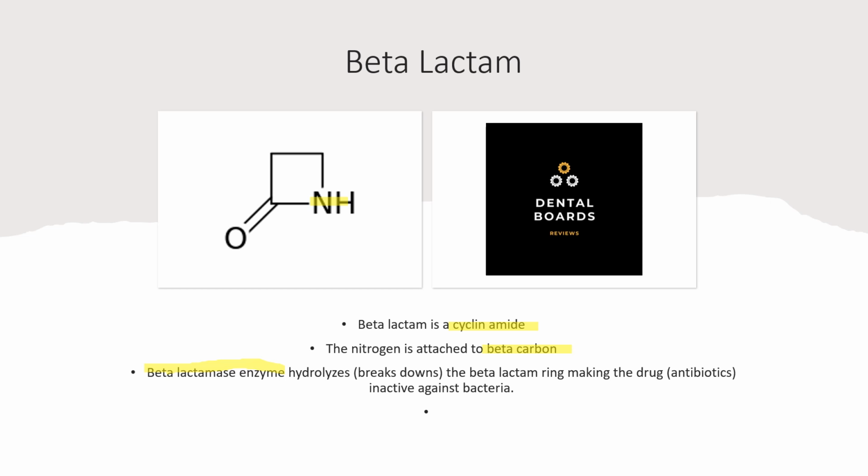Remember, this enzyme is produced by bacteria to stop the action of antibiotics. They are fighting the antibiotics by using the beta-lactamase enzyme. And we're going to see how you can avoid the antibiotics from being broken down by the beta-lactamase enzyme.